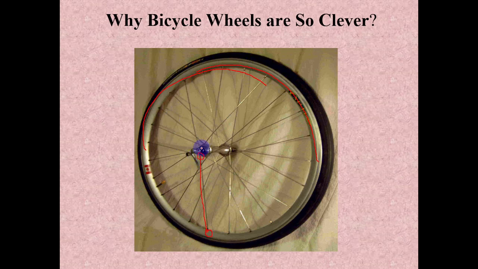As we discussed, two types of forces are applied on this hub. One is the downward load W, another is the torque due to pedaling. So how are these loads transferred to the ground through the spokes and the rim?